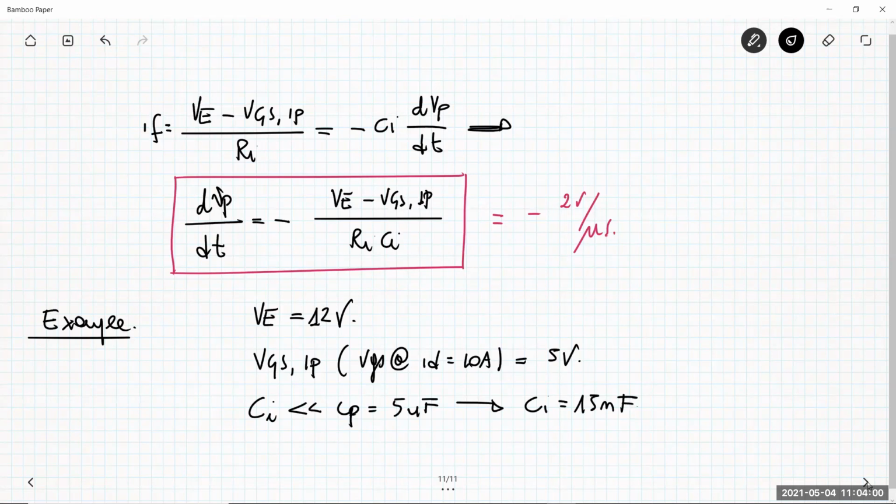And then we can use this expression to derive Ri. Ri is VE minus VGS IP divided by CI dVP over dt.